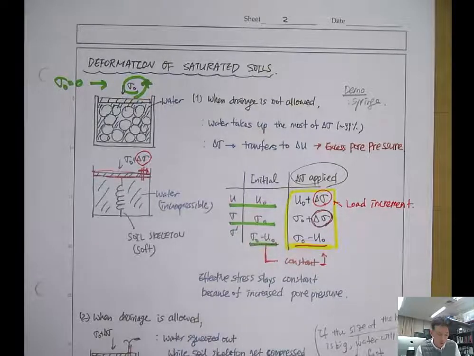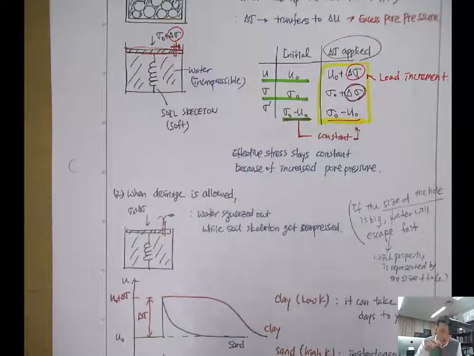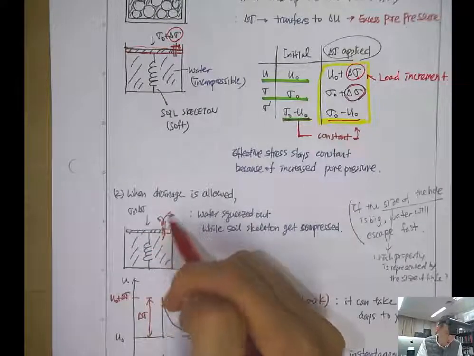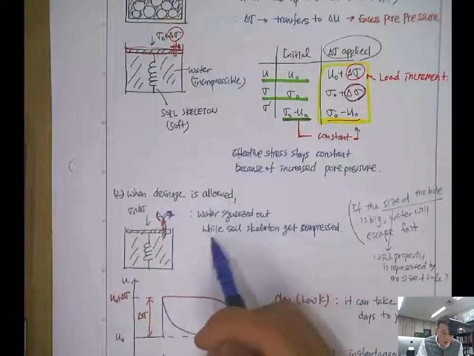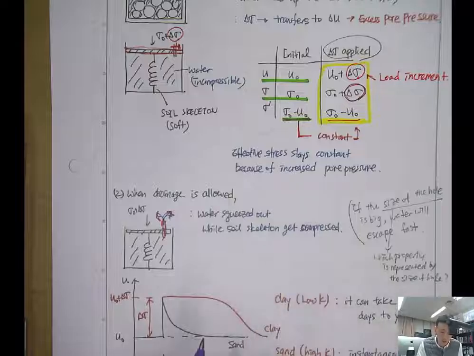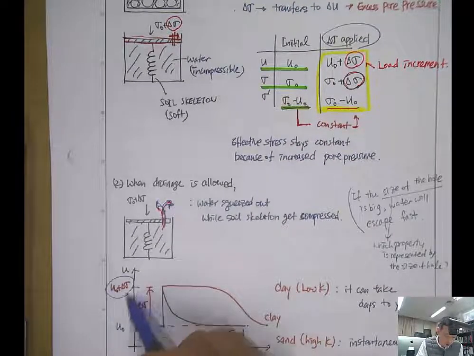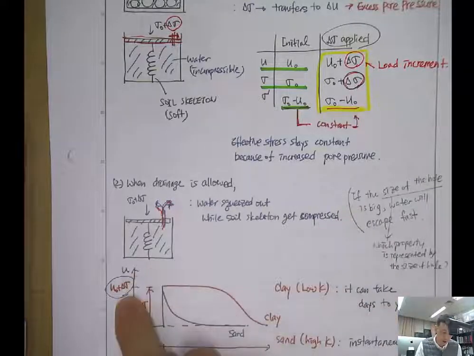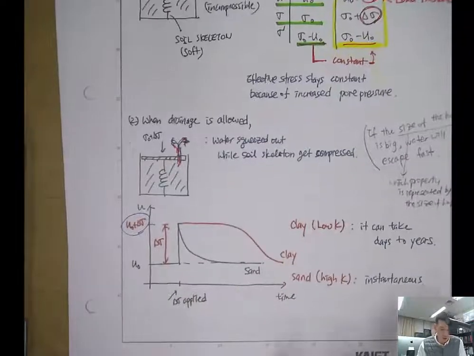But when the drainage is allowed, here I just punch a little hole there, and then water will start to flow out. So water will squeeze out while the soil skeleton gets compressed. So then when you think about the pore water pressure, this pore water pressure will decrease with time.